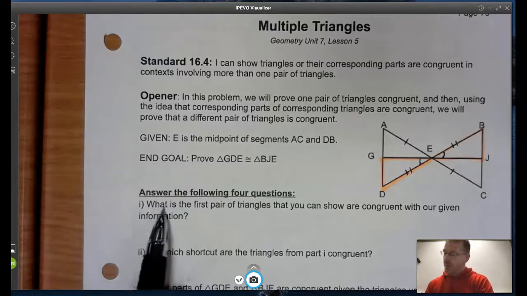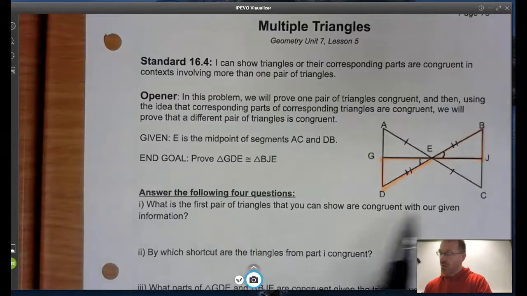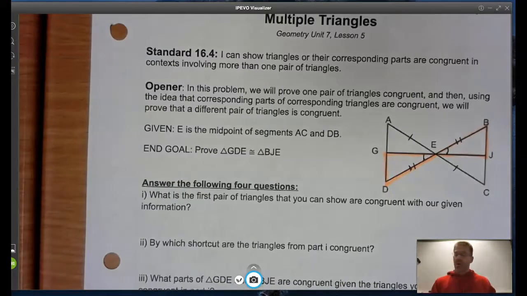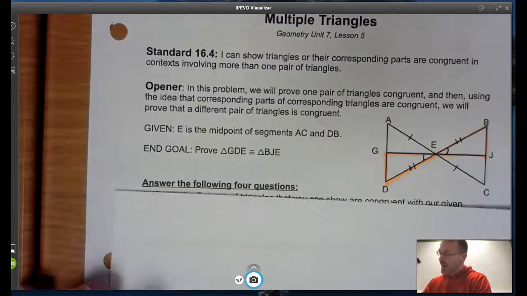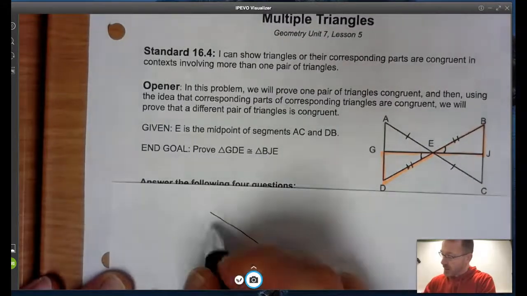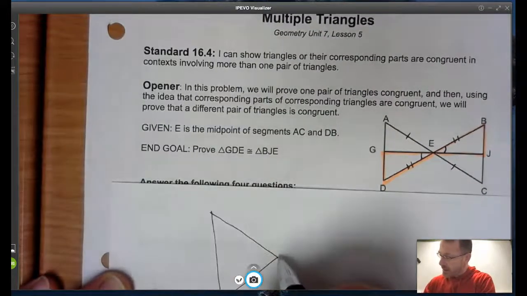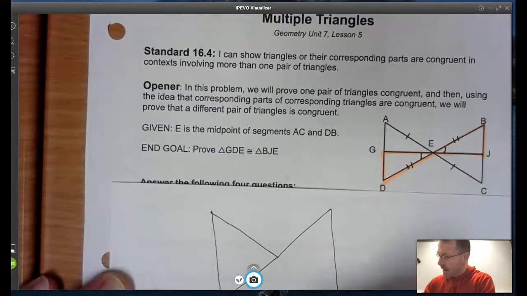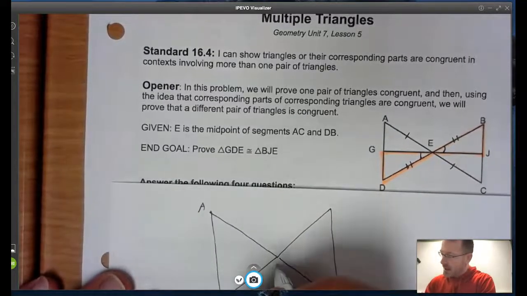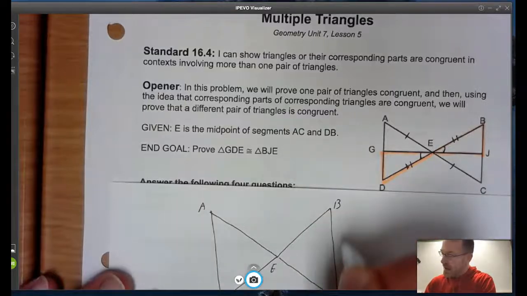All right, so what is the first pair of triangles that you can show are congruent with our information? What that would be are the larger triangles. So I'm just going to draw this picture here, not exactly to scale, but if we look here, we have A, D, E, and we have B, E, C here.